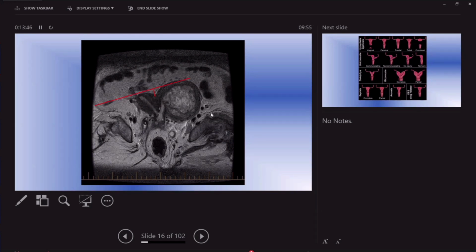So your next step, you remember our first approach, we said, am I dealing with a uterine or extrauterine lesion? So now we know that it is uterine. Your next step, you want to identify what is the origin, what is the epicenter of the abnormality. And when you look here, you have an endometrial-based lesion. You might ask me, why did you say endometrial?